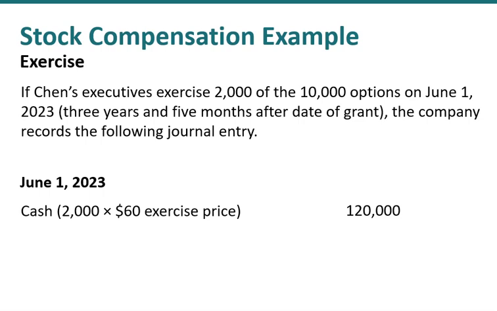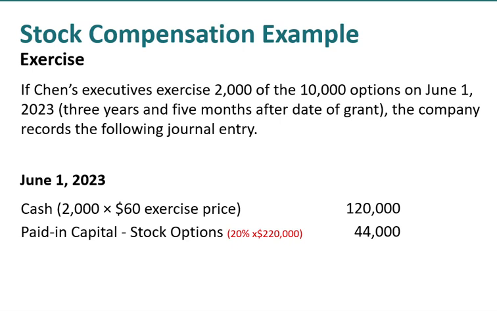That's the 2,000 options multiplied by the $60 exercise price for each option. They will also transfer 20% of the paid-in capital credited to stock options out of paid-in capital stock options, and we will record entries to common stock and additional paid-in capital common stock.